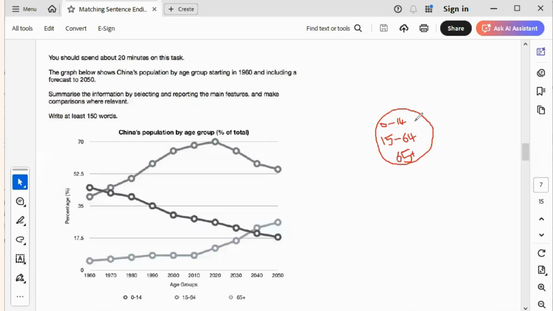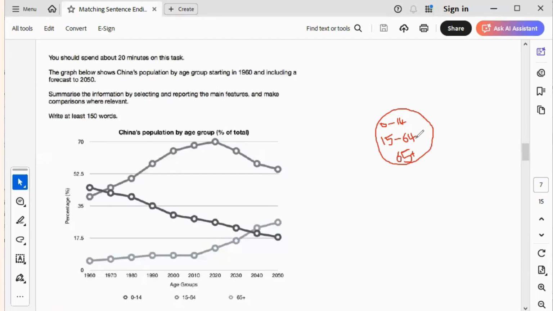Okay? So people that are aged 0 to 14, they are part of China's population. Part of, can you see where I came up with that word? Part for Z. 0 to 14 years, they are part of China's population. 15 to 64 years, they are part of China's population. 65 and above, they are part of China's population.